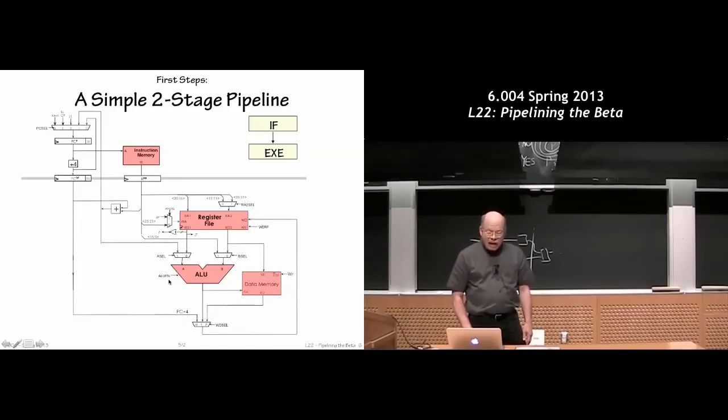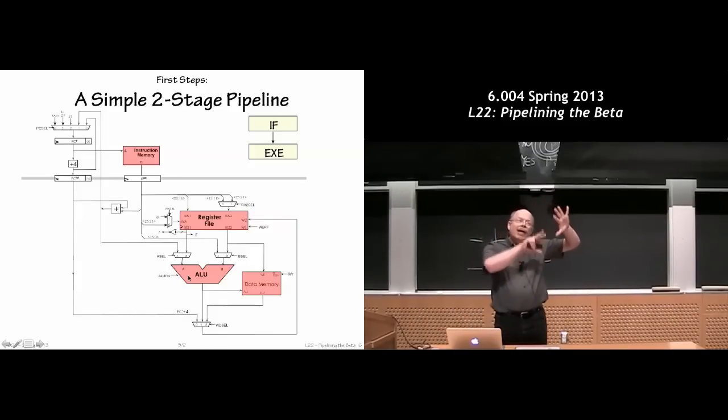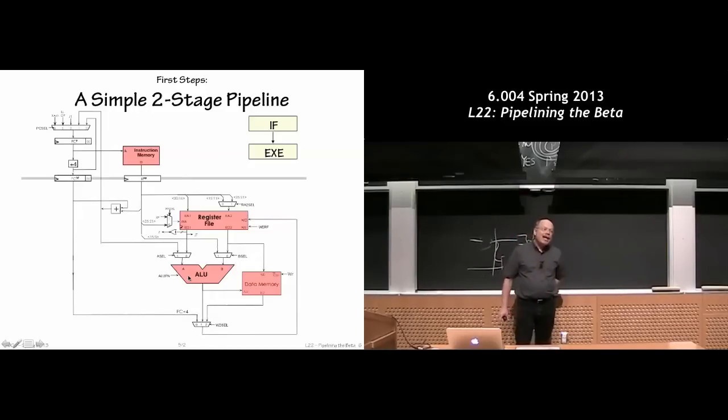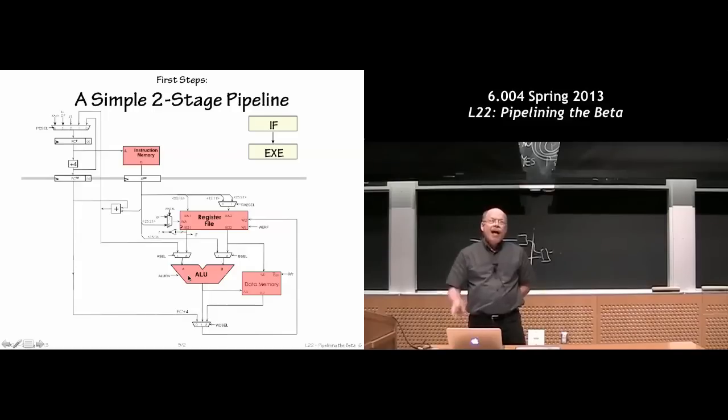That means our timing budget really just has to take into account the worst case of these two steps. It doesn't have to imagine they both have to happen in one cycle. They happen in separate cycles. So we're going to get a speed up out of this. We're going to be able to take the cost of the timing of the instruction fetch out of the budget for a single clock cycle. Everybody sort of understand the idea?